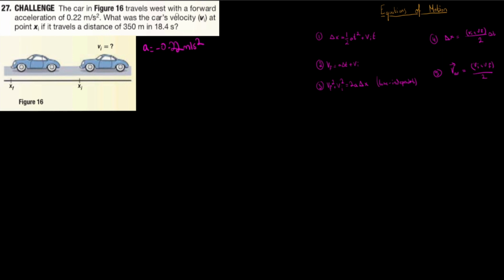Next up, it's asking what was the car's velocity? So VI, we don't know, at point X, if it travels a distance of delta x of 350 meters in 18.4 seconds. So we have delta x, and we have delta t.